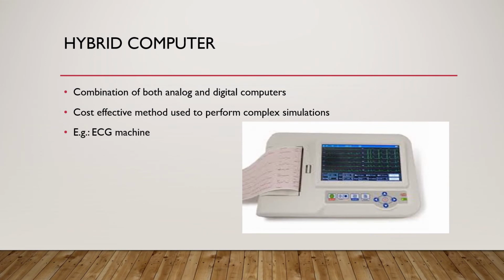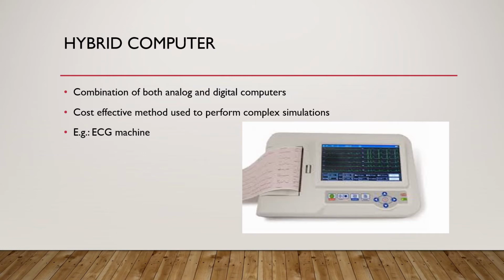And next we'll see the hybrid computer. This hybrid computer is the combination of both analog and digital computers. Why do we say that? Because here both comparisons and binary mathematics are used. That's why we call it the combination of analog and digital computers.